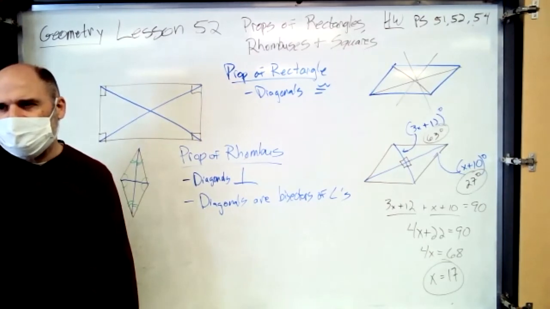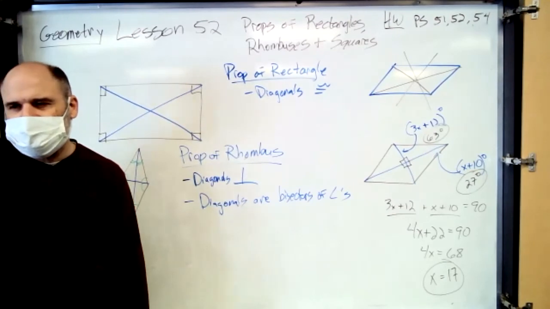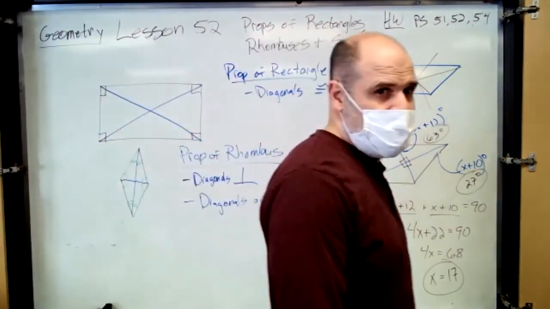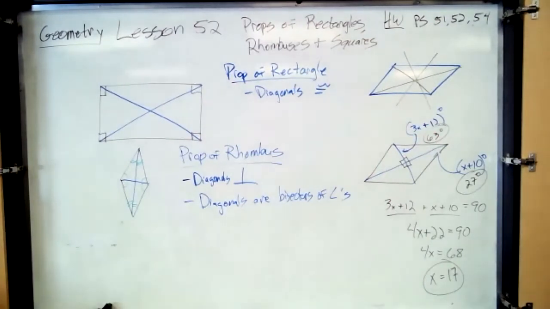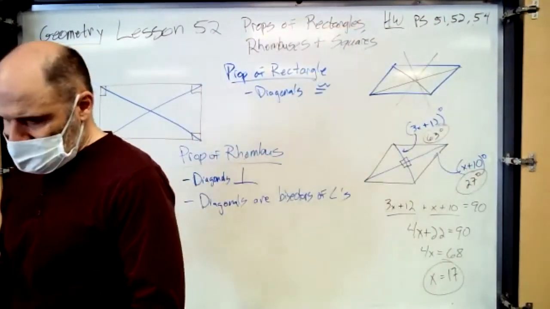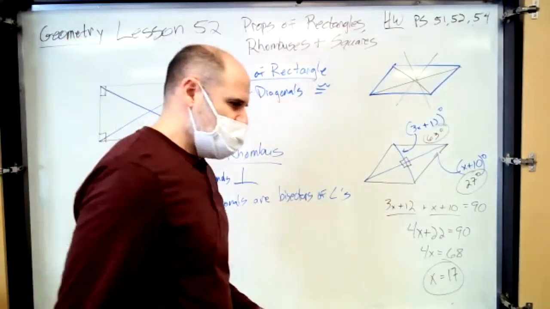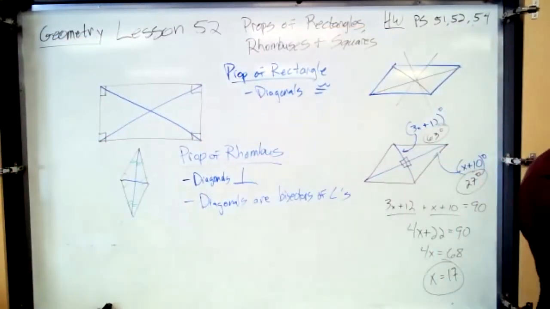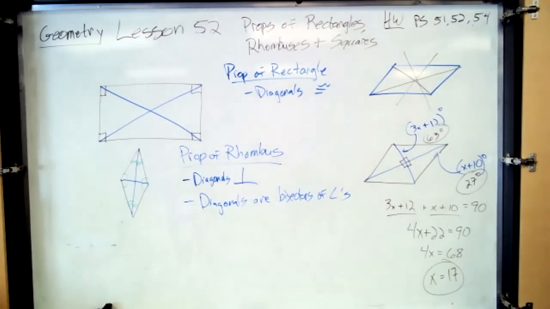It's not the centroid. That's the equidistance from each vertex. It's the circumcenter, which is the intersection of just the perpendicular bisectors of each side. Okay, so I'm not counting that question. If you've already done it, I'm not counting it.